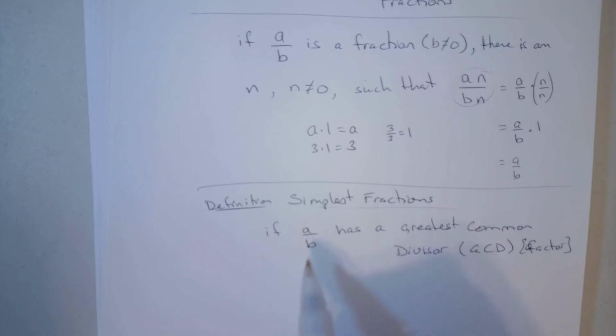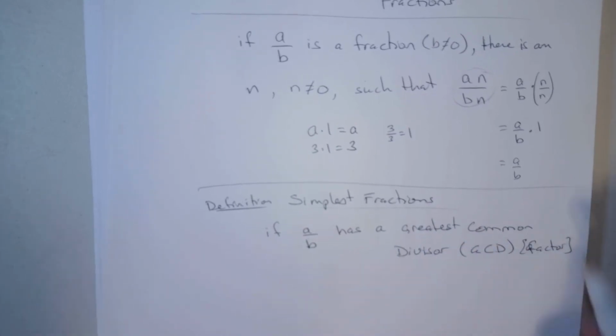So if a over b has a greatest common factor, n equals 1.